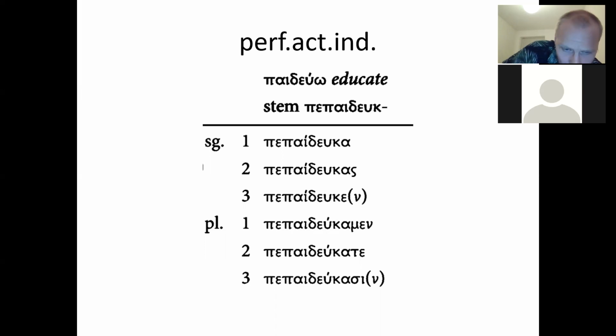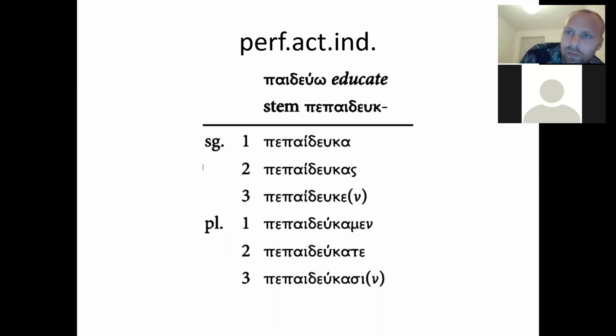So worthy of notice here is that the person endings are largely the same as in the sigmatic aorist indicative, except for the third person plural ending, which here is asin, as opposed to an in the corresponding aorist form.